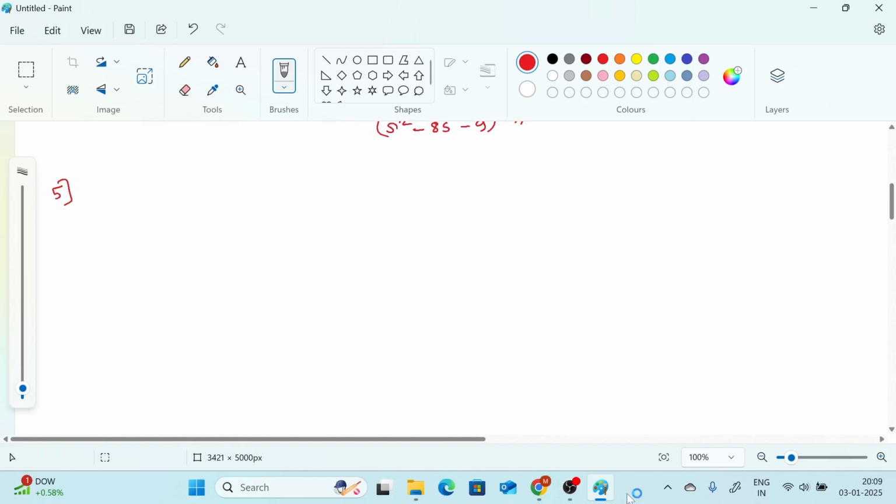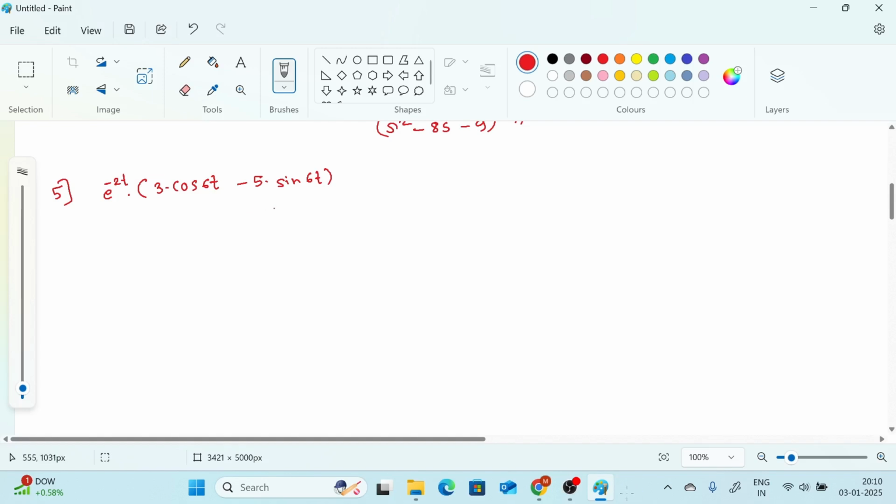Example 5. e raised to minus 2t into 3 cos of 6t minus 5 sine of 6t, right?